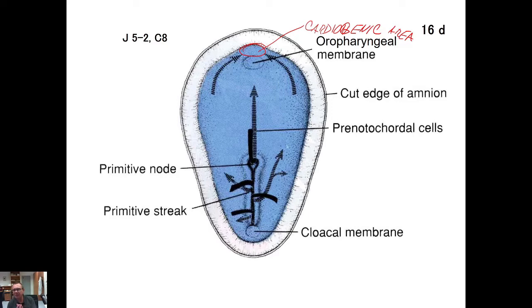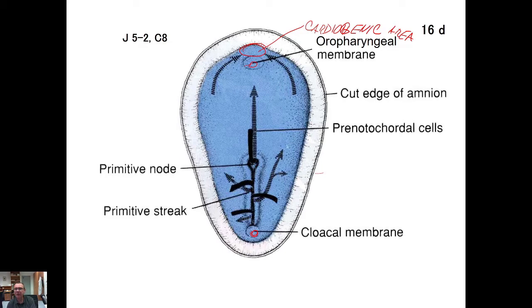So mesoderm isn't present here. It is very important because these two places, the oropharyngeal and cloacal membrane, will be later connections of the inner and outer space of the embryo. It will be the cranial and caudal end of the digestive tube. It's logical from the names.